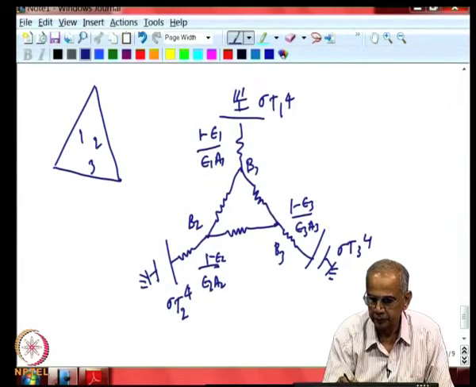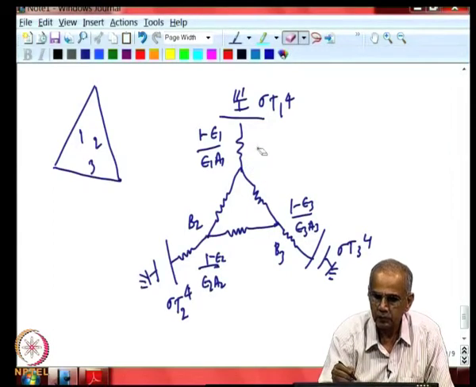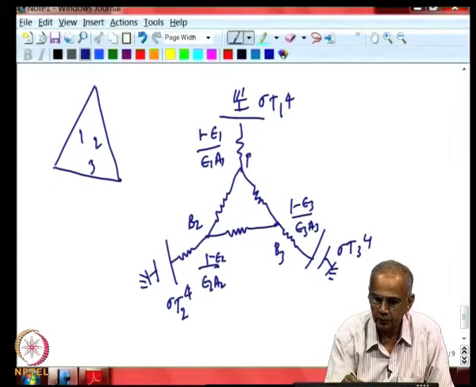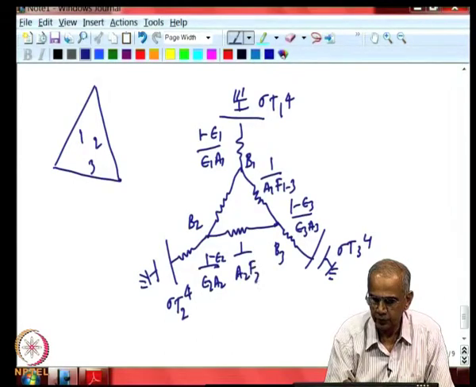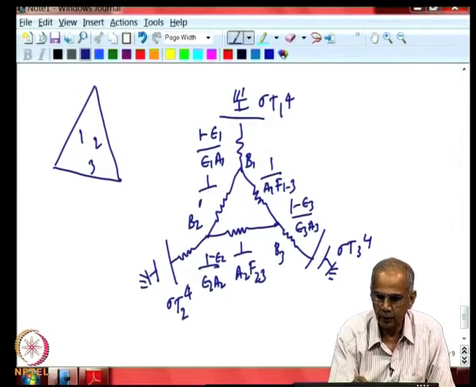surface resistance notation, which we saw earlier. So, this is 1 over A_1 F_13, this is 1 over A_2 F_23, this is 1 over A_1 F_12.